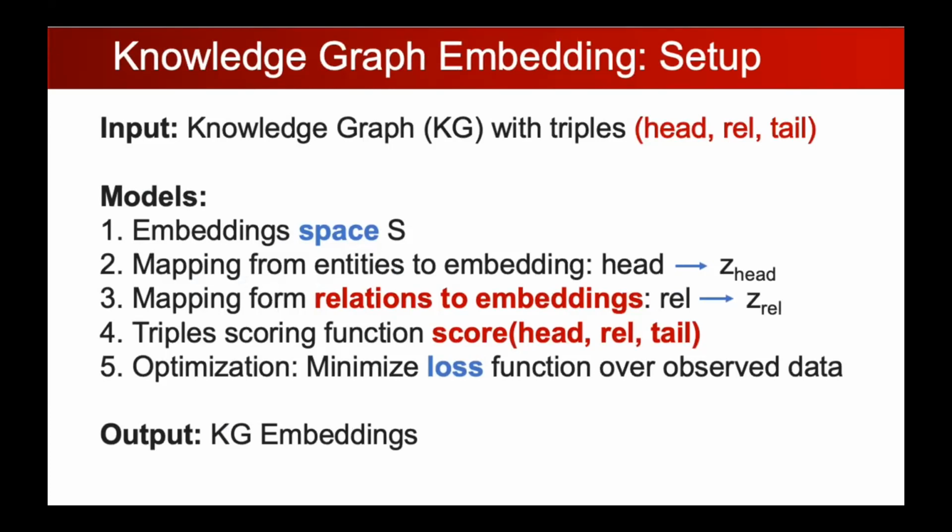And then we still have scoring functions, but now the scores are being assigned to triplets rather than pairs. So we want to score a head, relation, tail triplet. And the optimization step is similar as before. We minimize a loss function using the observed data and try to maximize or minimize some objective to make sure that the embeddings preserve the relationships that we had in the input knowledge graph.